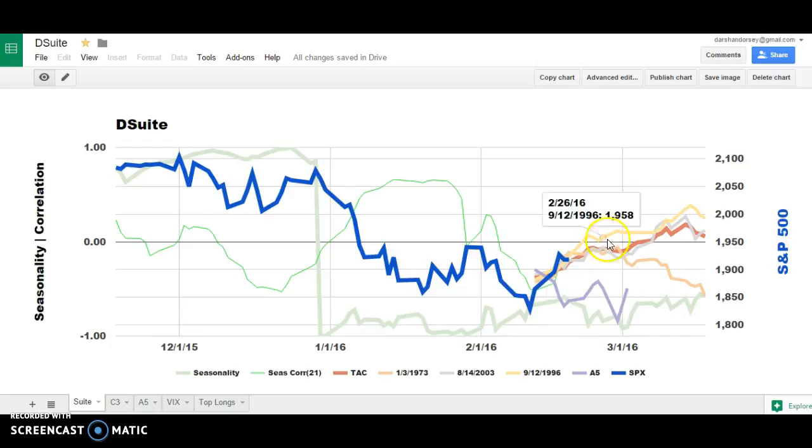So red is giving you your average target. Price action may oscillate around that, but it gives you a good idea of the general trend, which is looking mildly bearish up to the upper 1900s right now into early March. So look for some kind of a significant high there. That's where all the systems come together inside of the DSuite on the Suite tab.